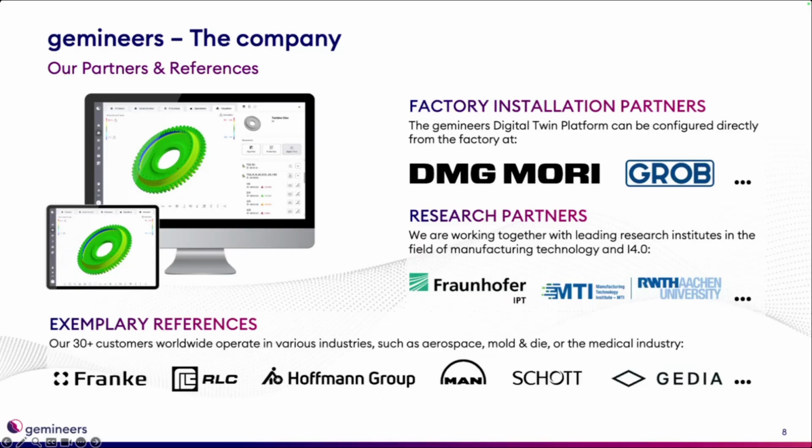But most of the time we do a retrofit, because a lot of companies don't have just one machine tool provider, they have several. You know them all. So this is also one part of these heterogeneous, fragmented shop floors.